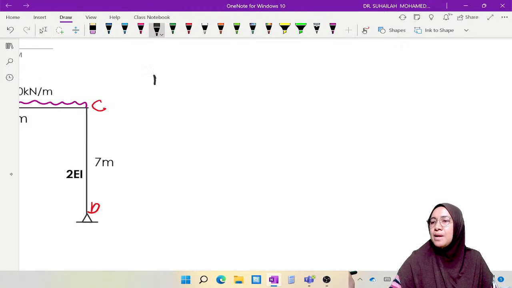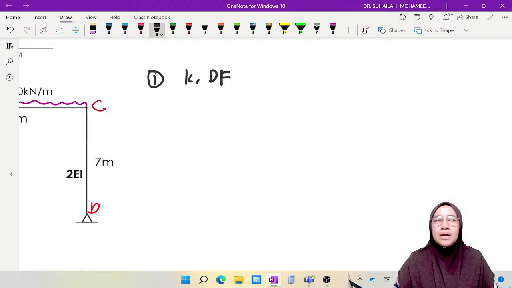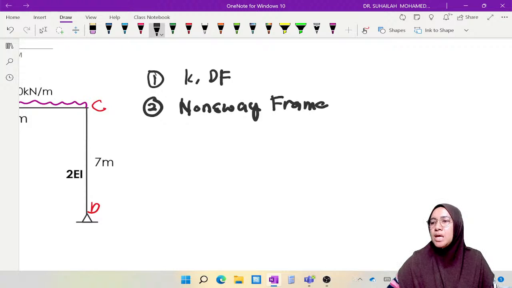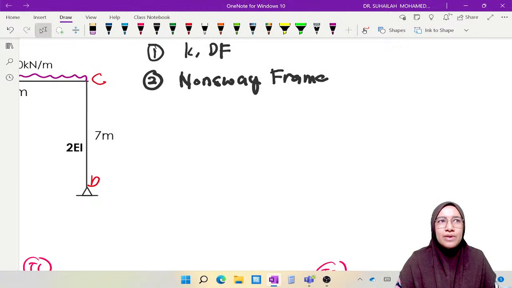Step number 1, of course we need to know how to calculate K as well as DF. This DF will be used in both table 1 and table 2. Then step number 2 will be the first table, which is the non-sway frame.